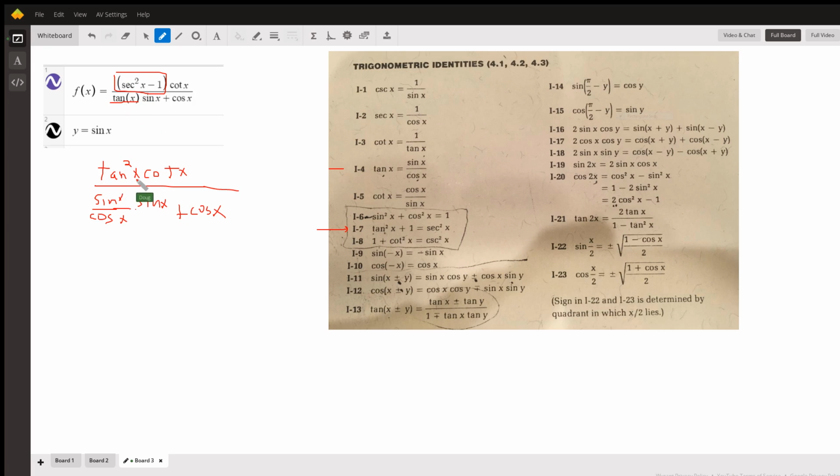Now, tangent squared is the same. Tangent is the same as sine over cosine. So I can rewrite this, and I'll go to blue here, as sine squared over cosine squared. And cotangent is cosine over sine by identity 5.